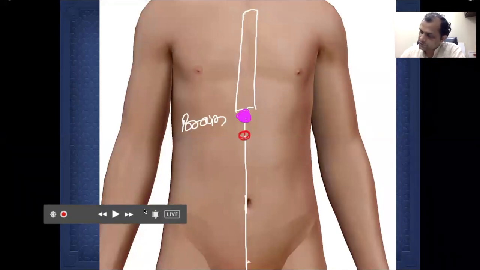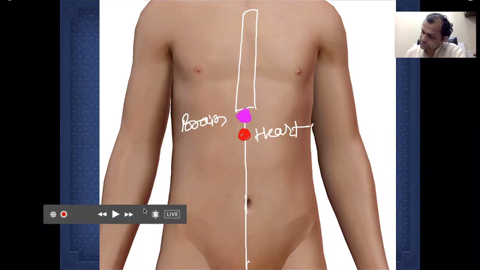This is the second point, which is called heart. This is the third point, which is called pericardium.